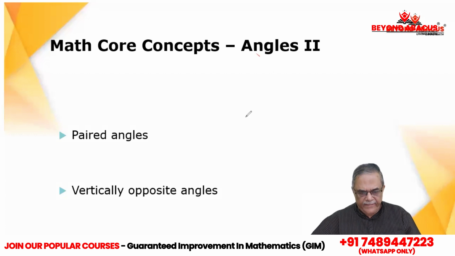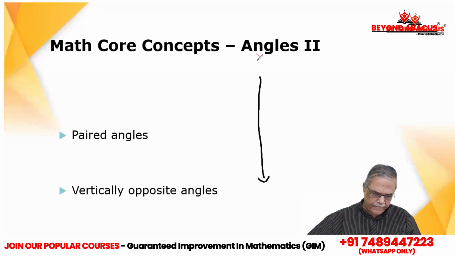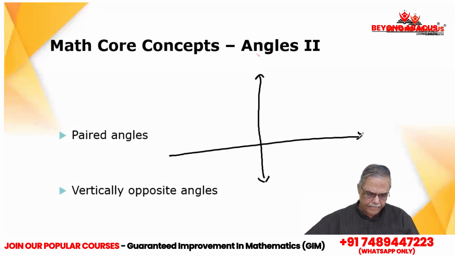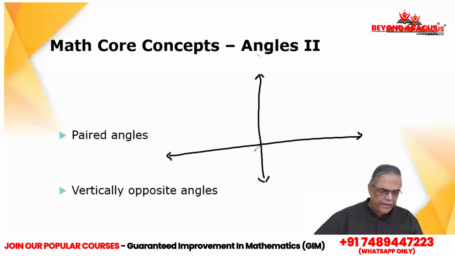Suppose there are two lines which are crossing like this. Now in this crossing there are four angles formed.